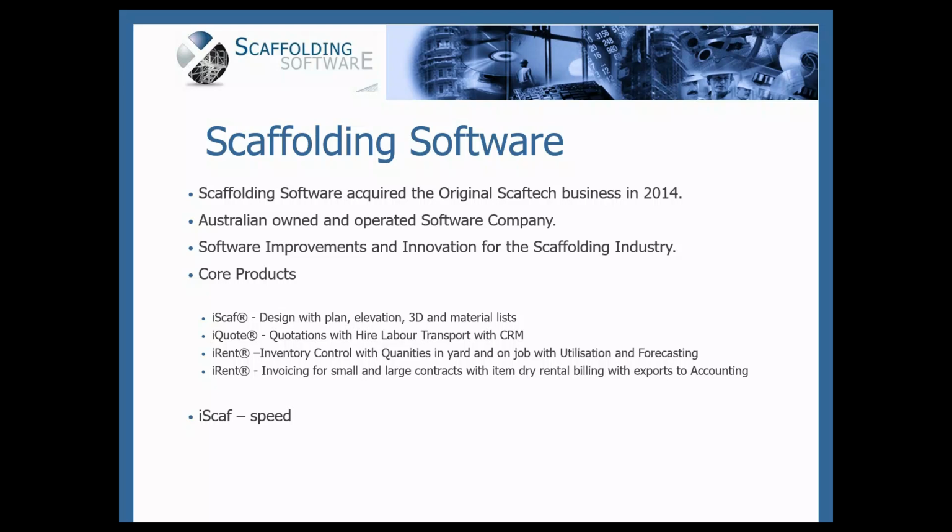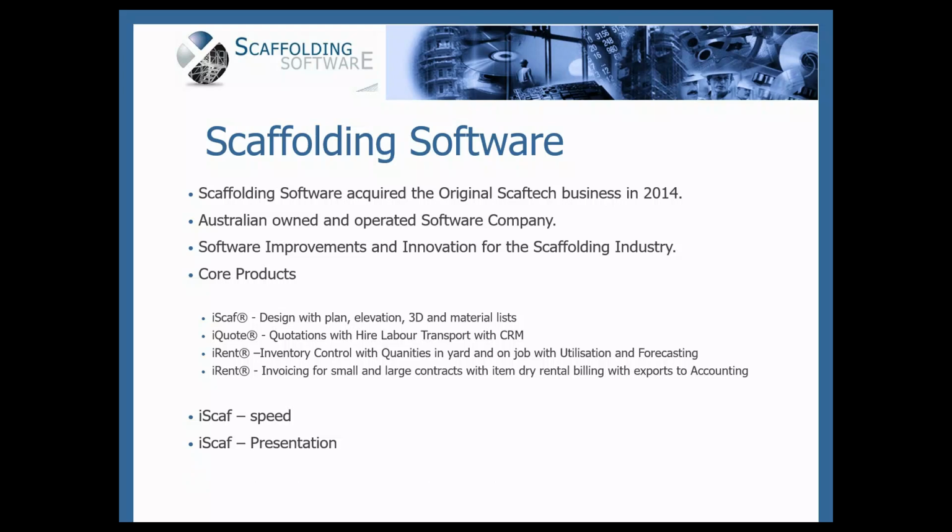We also have the iRent invoicing system for small invoicing like residential invoices, as well as very large contract progress claims that can handle up to 1,000 stages for large commercial industrial jobs. iRent also has dry rental, dry hire invoicing, as well as some very unique rate per ton invoicing. iRent invoicing exports to MYOB and Xero.